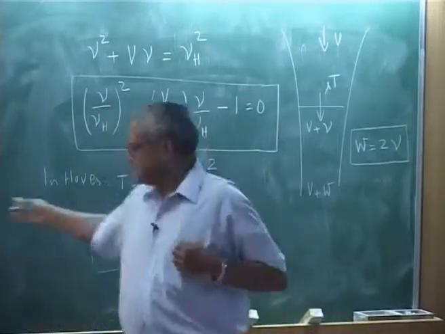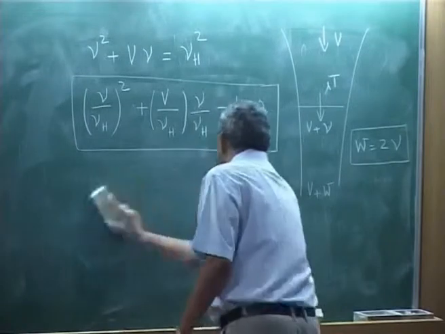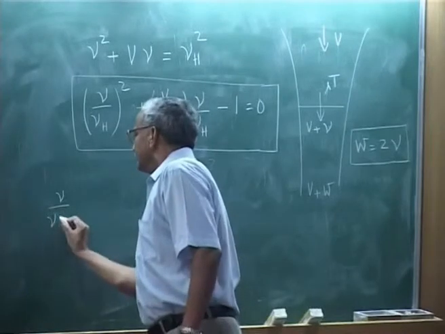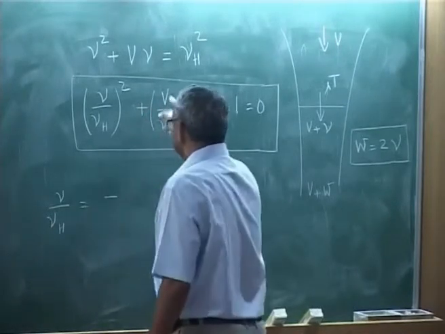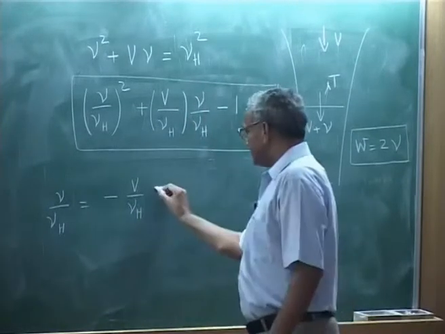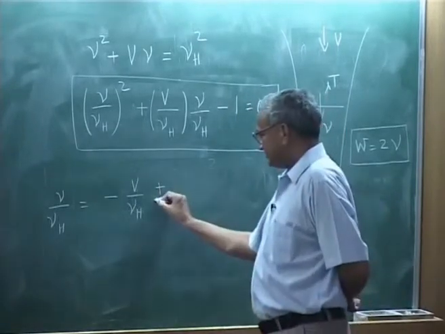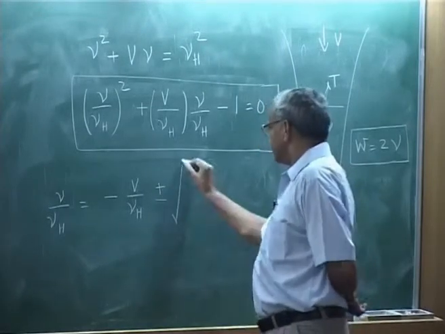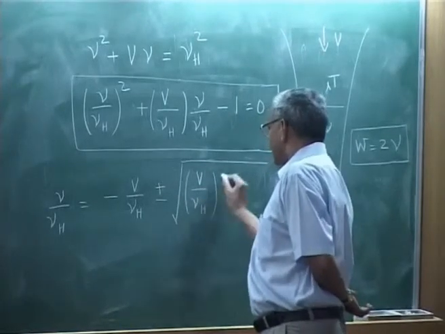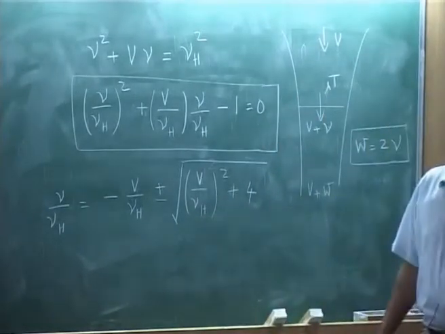Now, I can write a solution of this equation, that is nu over nu h equals minus, I will have plus or minus square root of B square is, right.